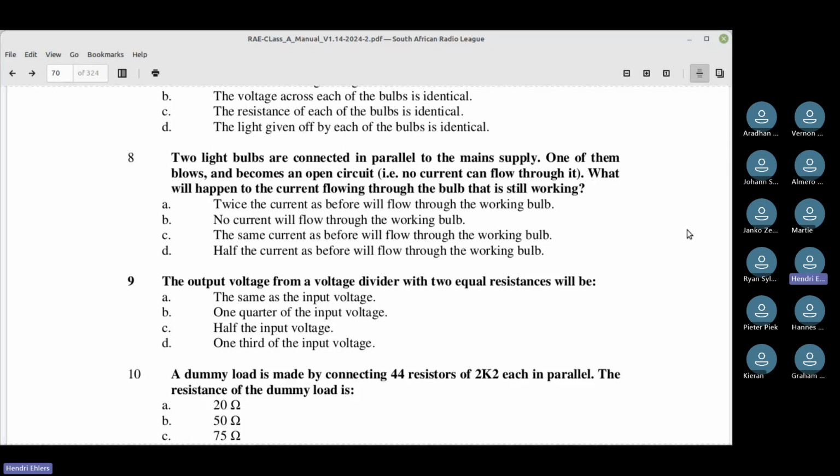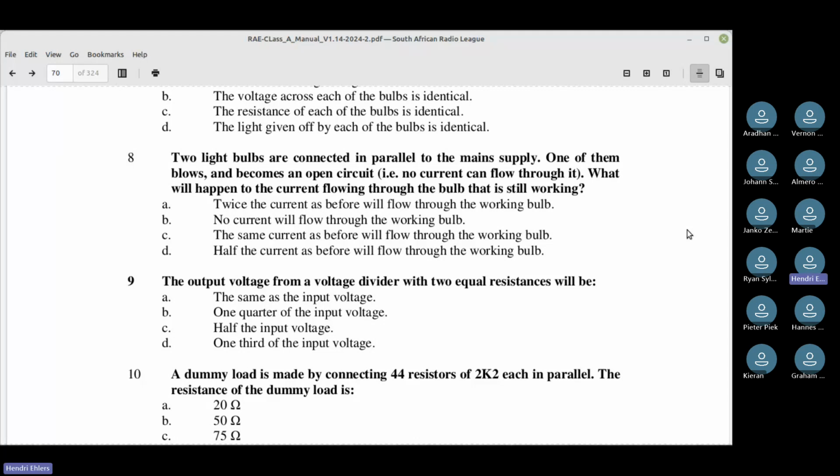Two light bulbs are connected in parallel to a mains supply. One of them blows and becomes an open circuit. No current can flow through it. What will happen to the current flowing through the other bulb that is still working? Now, because it's in parallel, the one will go open circuit, and for the bulb itself, there's going to be no difference.